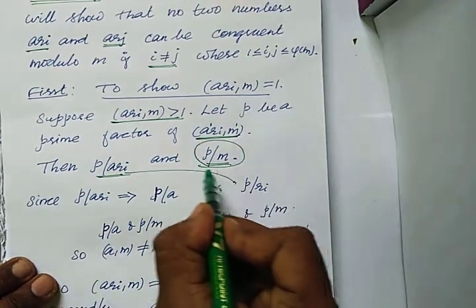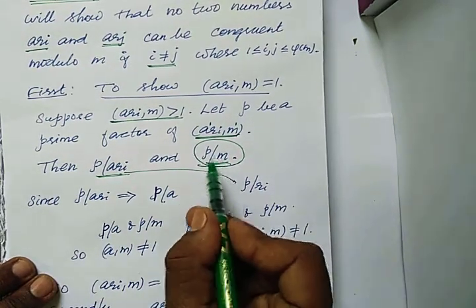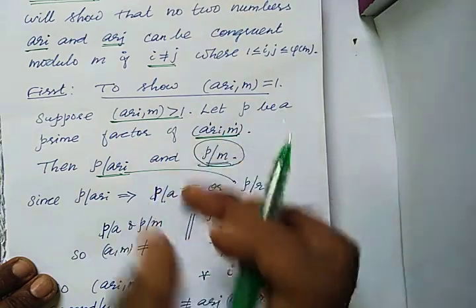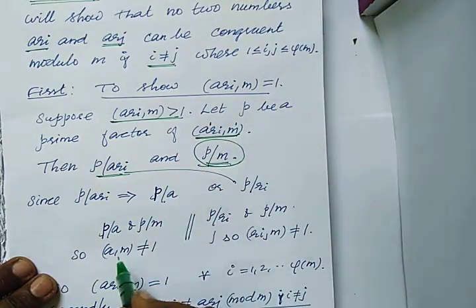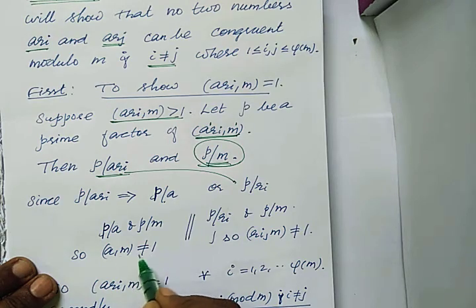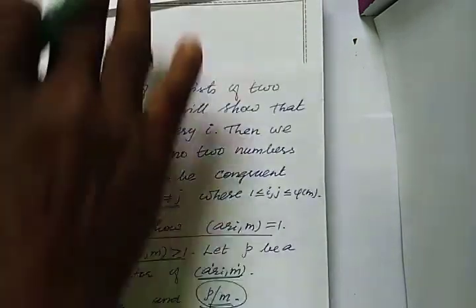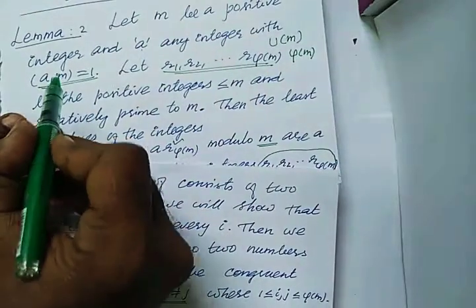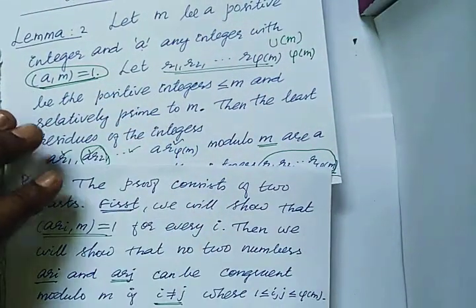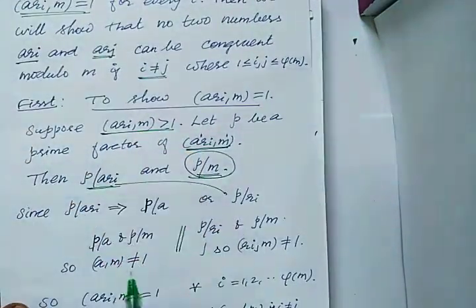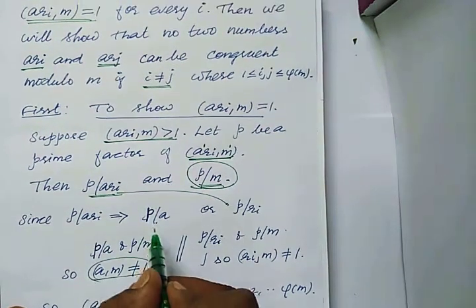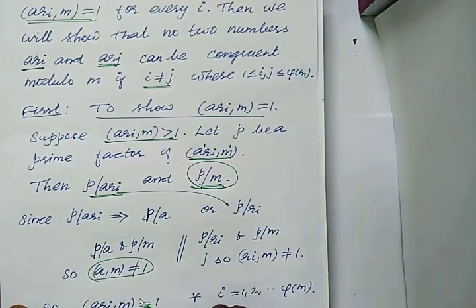Already we have p divides m. If we join these two statements, we get a and m are not relatively prime. But in the lemma statement, the hypothesis is that a and m are relatively prime. So this is a contradiction. So p cannot divide a.